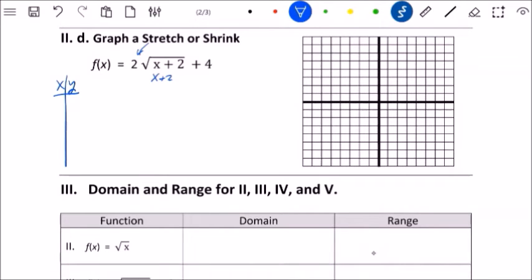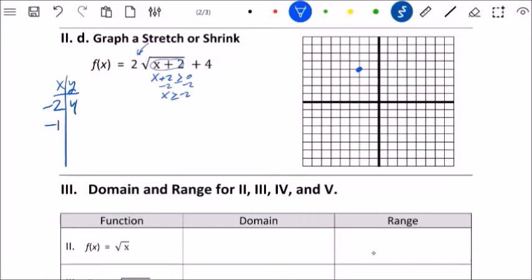No, so that's the radical. This is the radicand here. And it has to be greater than or equal to 0. So we subtract 2, and x is greater than or equal to -2. And if I make the x -2, that'll make the inside here 0 times 2 is 0, plus 4, we get a 4. Now let's move, and I'll plot that, -2 and 4.